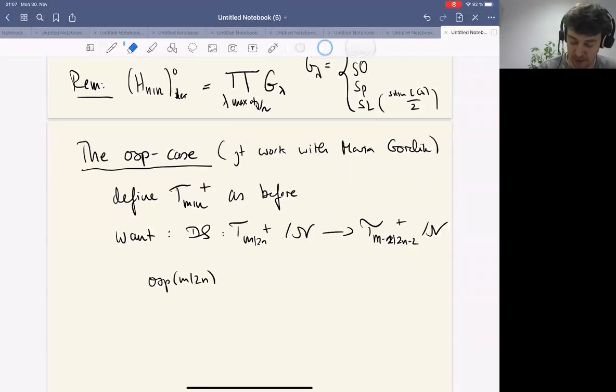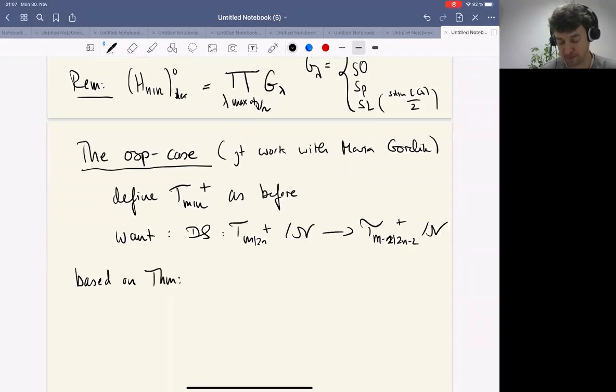And so why is this true? This is based on the following theorem. If I take DS, and of course this DS functor depends on an x, but I'll drop it because the way I state it is more or less independent of x.